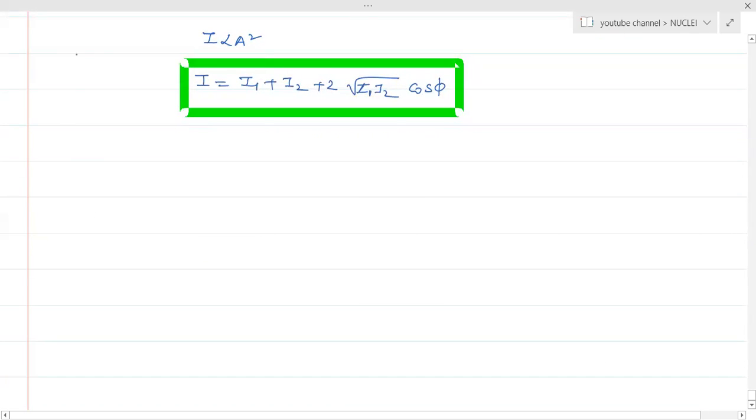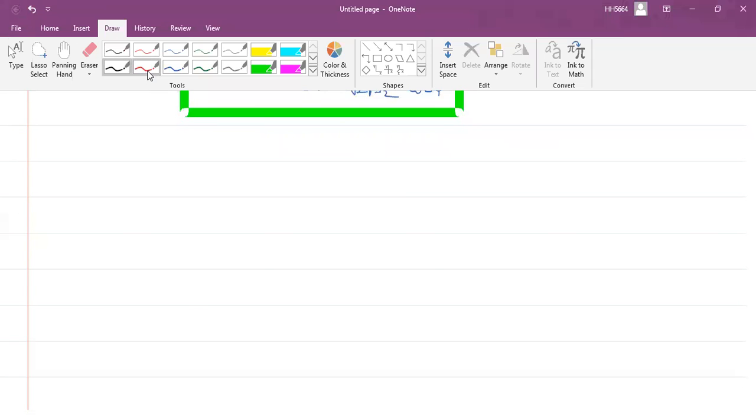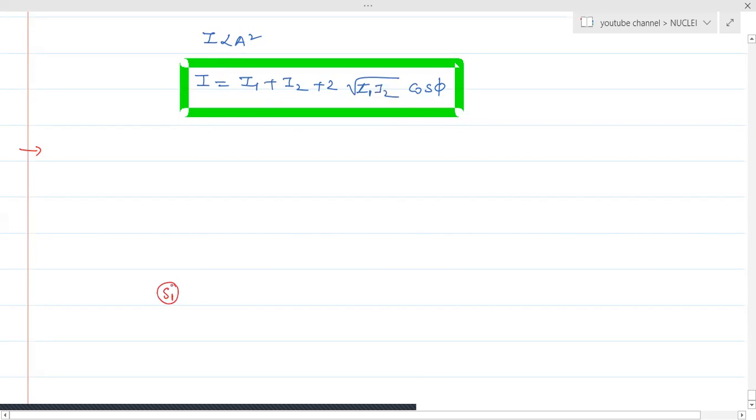Now I will take a problem regarding the phase difference. For example, we have two light sources or two sound sources, S1 and S2, which are separated by a distance of 3 units. A point P is located here.